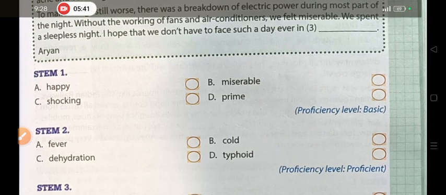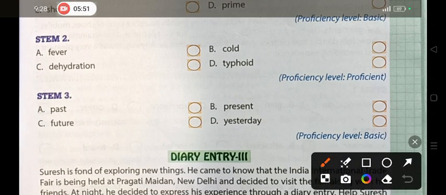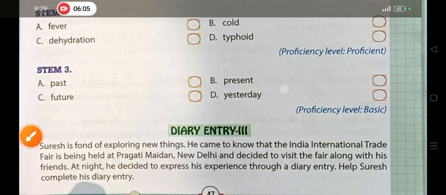Just write the name of the composer here. I put the option miserable in the first blank, then second dehydration, and the third option was such a day.